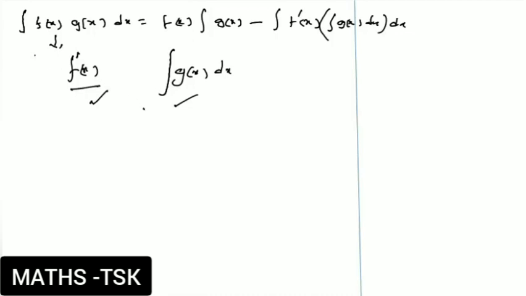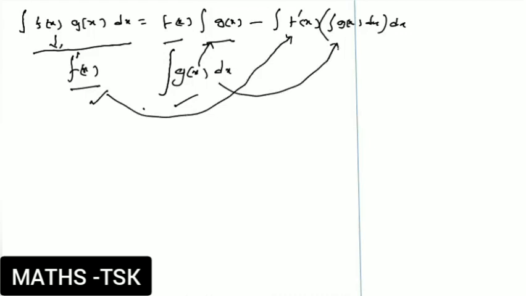Integration of f of x into g of x dx is nothing but f of x integration of g of x, minus integration of f dash of x integration of g of x dx, whole dx. First part will be over.